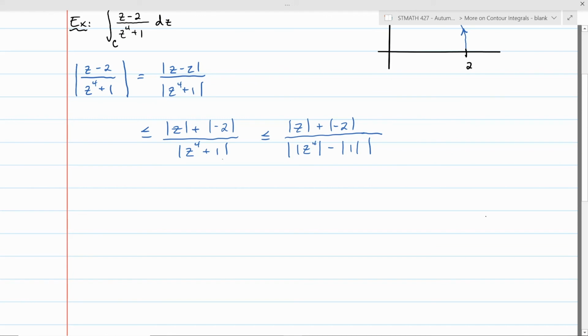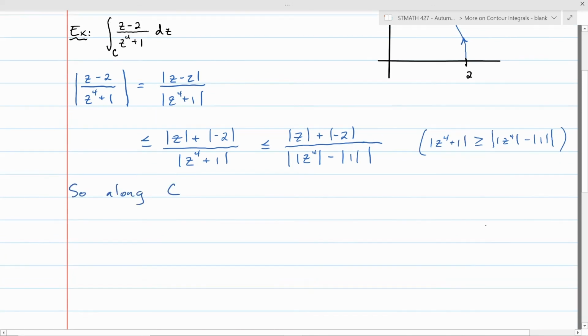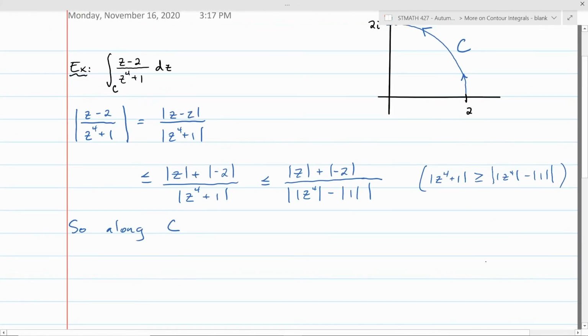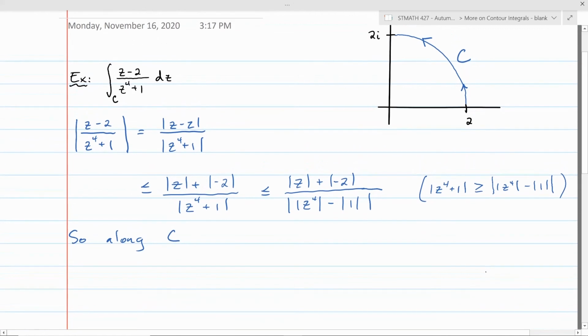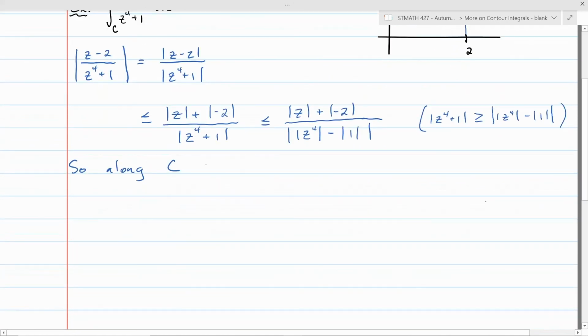So this last inequality here is just due to the triangle inequality, because we've made the denominator smaller, which makes the fraction bigger. Now you can see along the curve, if you just focus your attention on the values of z on the curve C, those points all have a modulus of 2 because we're on the semicircle here. So along C, the modulus of the original function we're integrating is less than or equal to (modulus of z plus modulus of negative 2) over the absolute value of (modulus of z to the fourth minus modulus of 1).